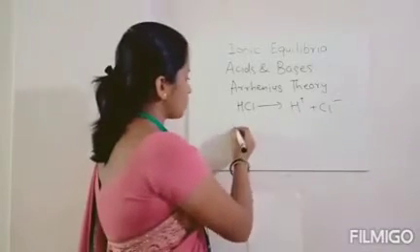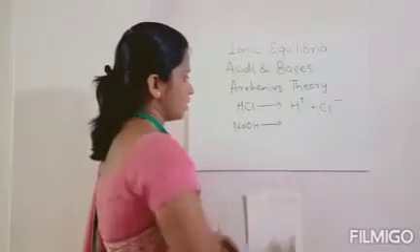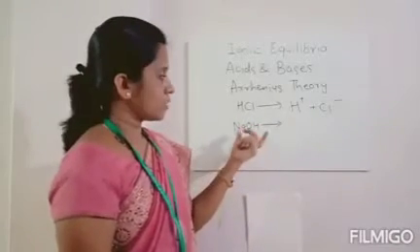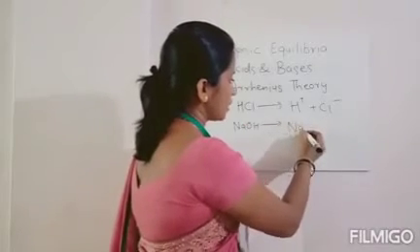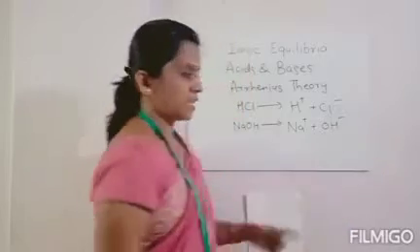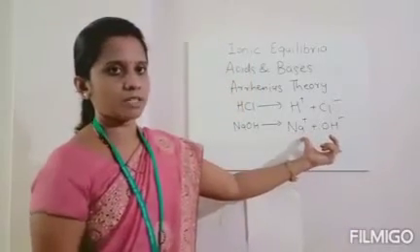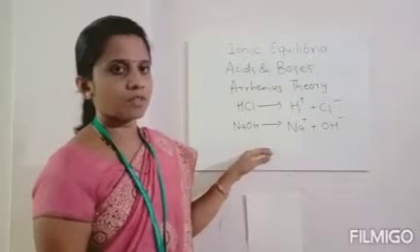An example for base will be NaOH. So NaOH in its aqueous solution will give Na plus and OH minus ions. So this is the Arrhenius theory.